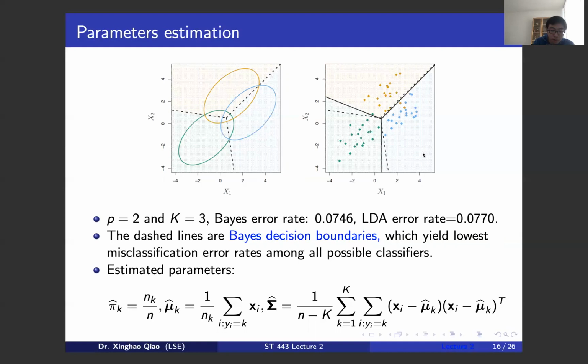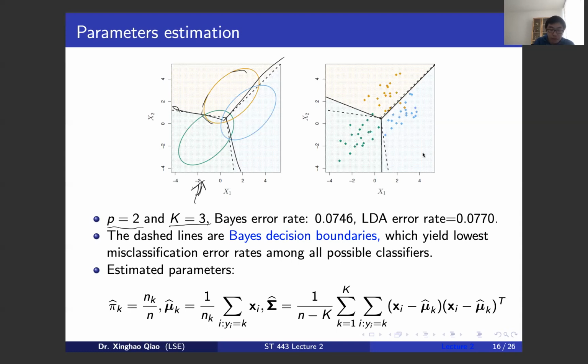And of course, we have 3 classes. Here, the dimensionality of the problem is just 2, because we have 2 variables, and the capital K is 3, okay? On the left-hand side, this shows us the Bayesian decision boundary and the true density function for this multivariate normal distribution, okay?